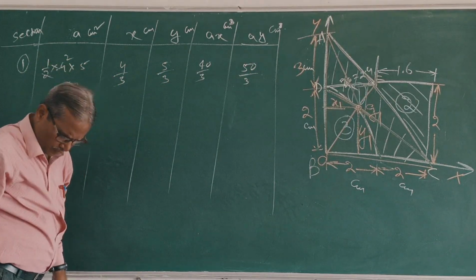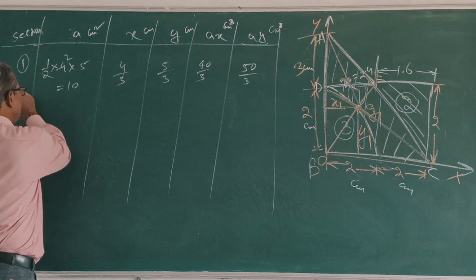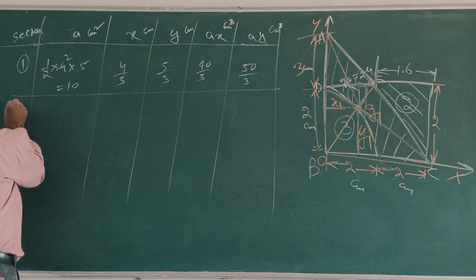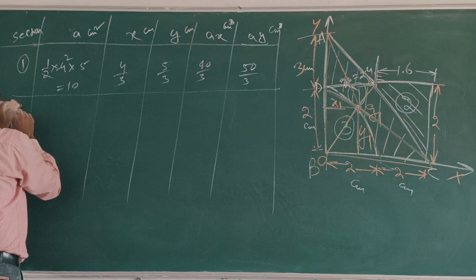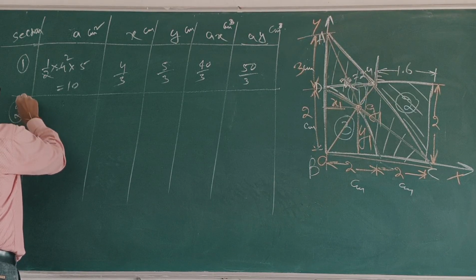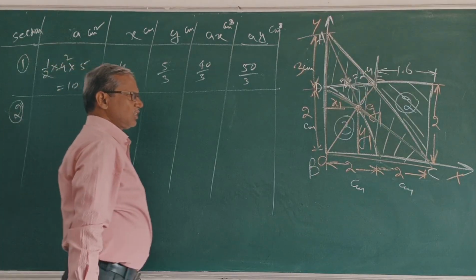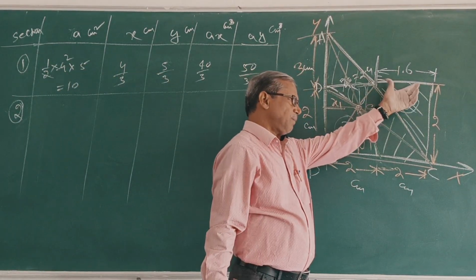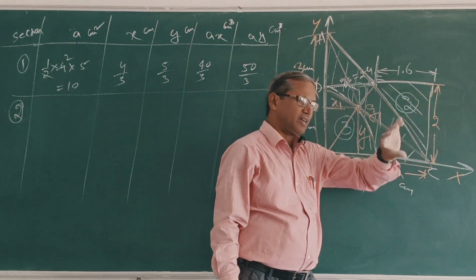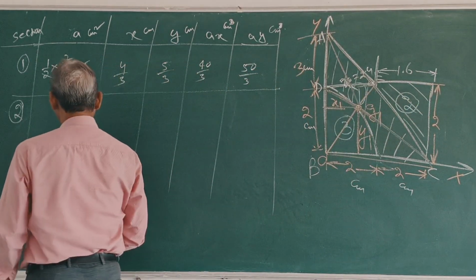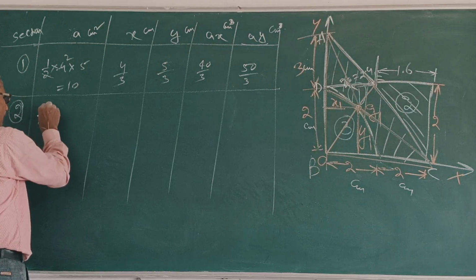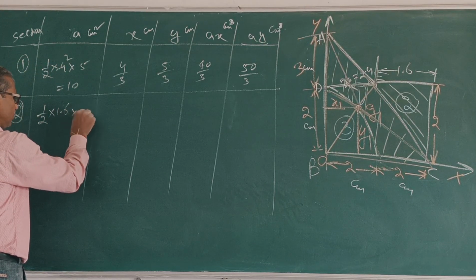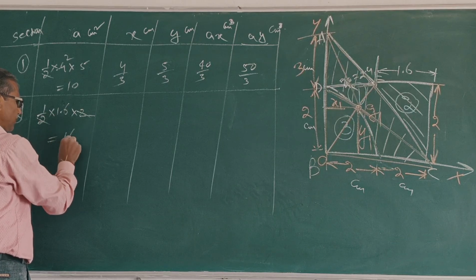Similarly, section 2. This section 2. What is area? Half into base into height. What is area? Half into 1.6 into 2. 1.6.